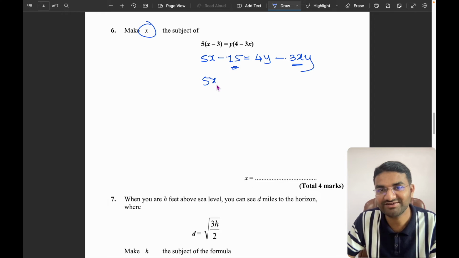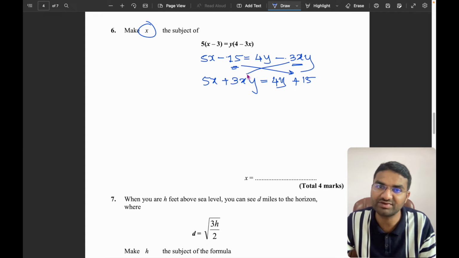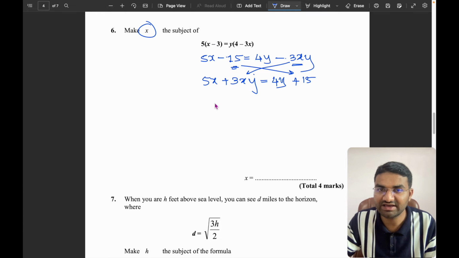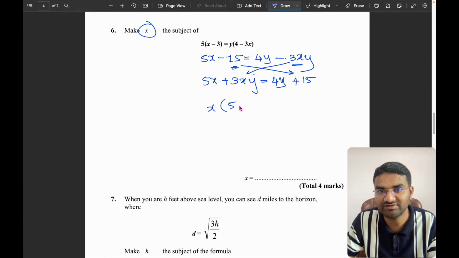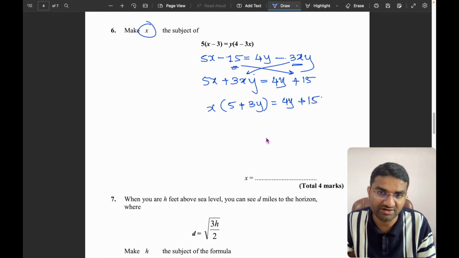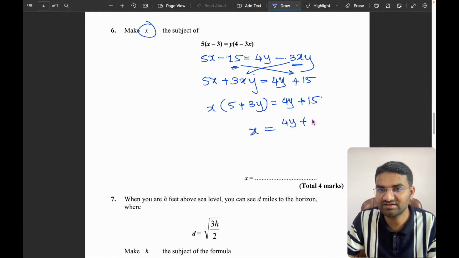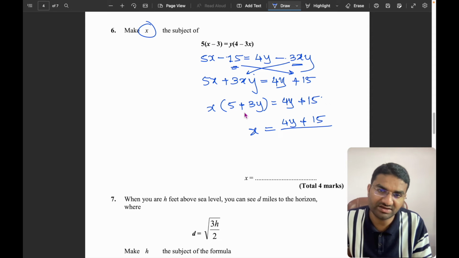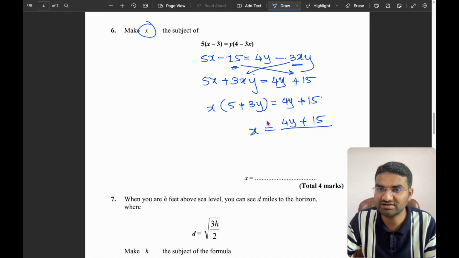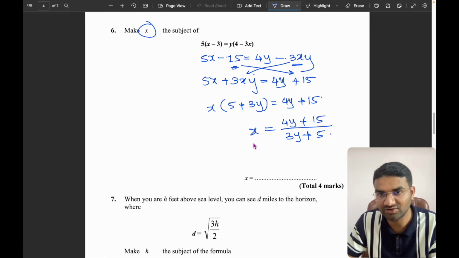Okay, so 5x plus 3xy is equal to 4y plus 15. Then take x common, you are left with x times 5 plus 3y is equal to 4y plus 15. Now write x is equal to 4y plus 15 over, and here just rearrange this one, firstly write down 3y plus 5. That's it. Okay, this is the x you will get.